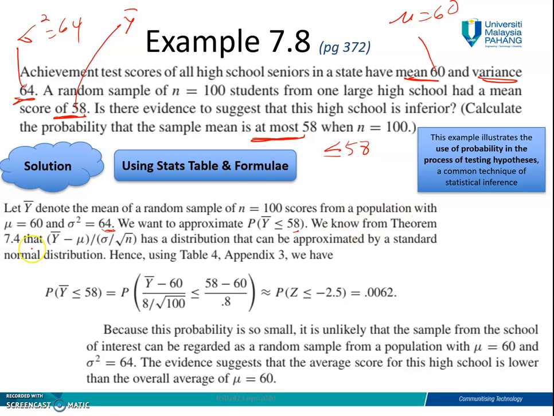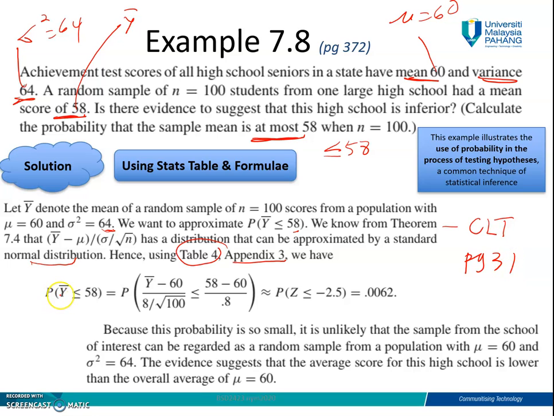We know from theorem 7.4, the central limit theorem, that Y bar minus mu over sigma over square root n has a distribution that can be approximated by a standard normal distribution. Therefore, using table 4 appendix 3 from your textbook, or from your statistical table formula, you can find it from table 3, page 31.